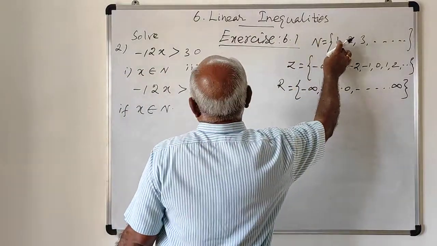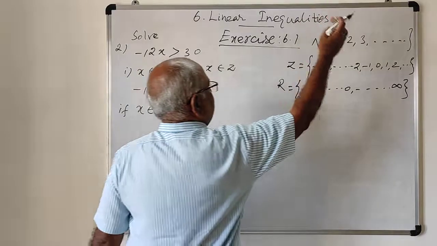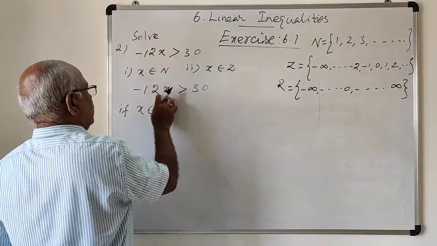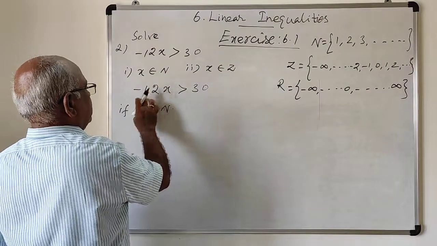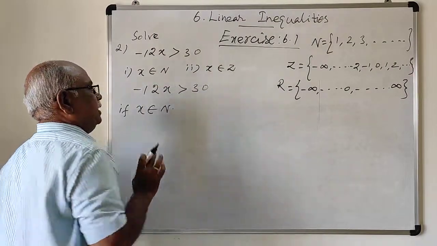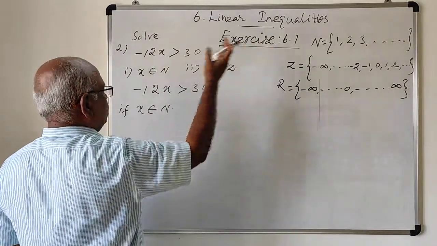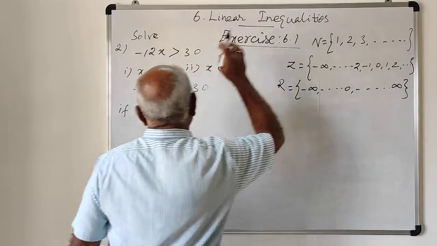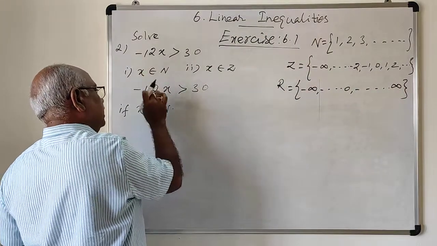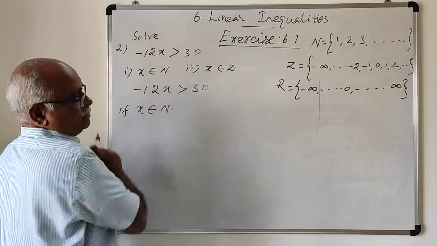If x belongs to the set of natural numbers, we substitute x equal to 1: minus 12, which is less than 30. If x equals 2, minus 24, less than 30. If x equals 3, minus 36, which is also less than 30. If x equals 4, minus 48. All the positive numbers, if you substitute for x, give only negative numbers, because it is minus 12 into x.